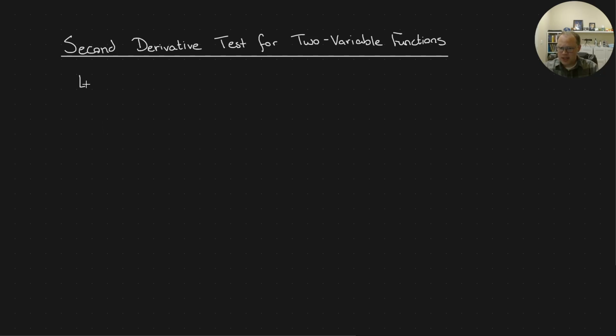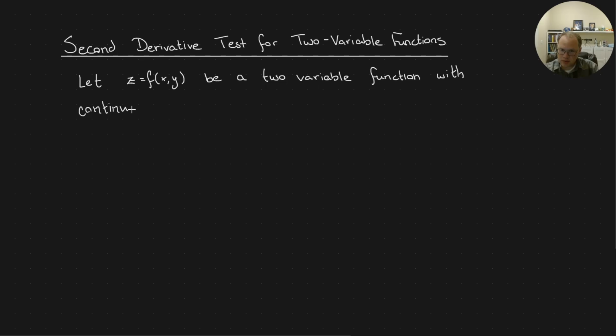Okay, so let z equals f of x, y be a two variable function with continuous first and second order partial derivatives.